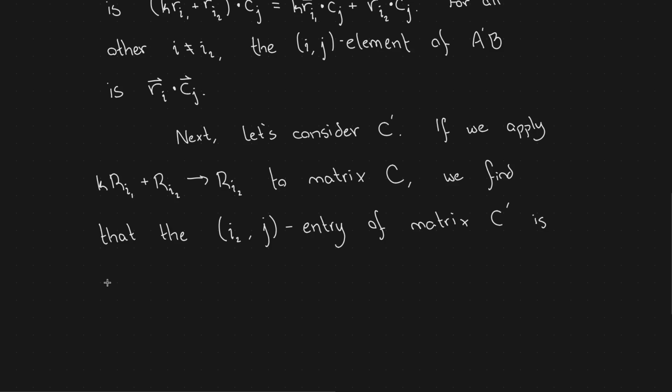So row I sub 1 dotted with the column we're in, plus now the element from matrix C that's in row I sub 2.